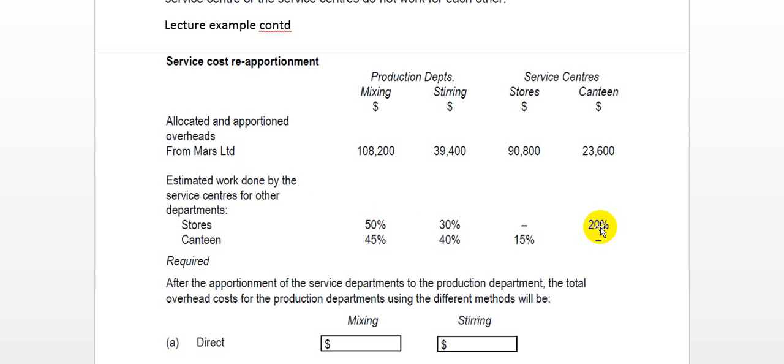That will be ignored. The canteen also is benefiting 15% from the stores, and that will be ignored.